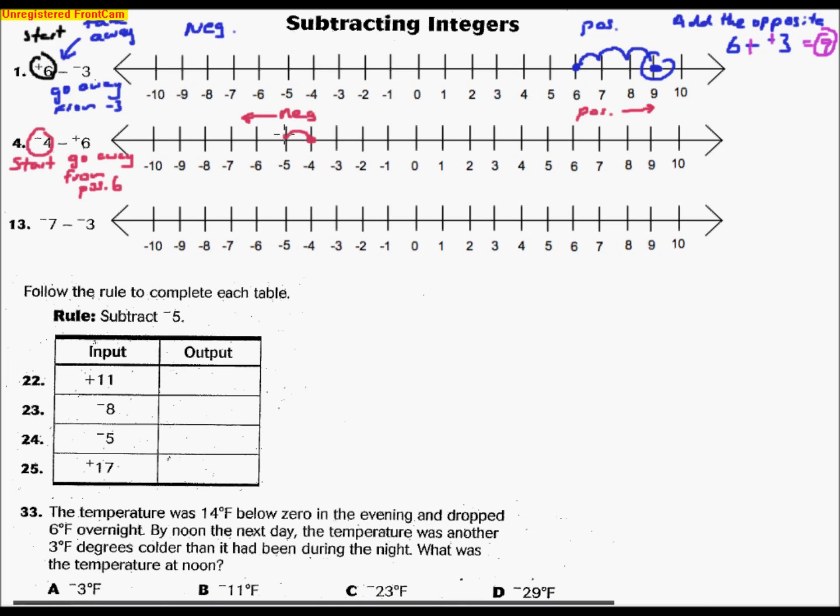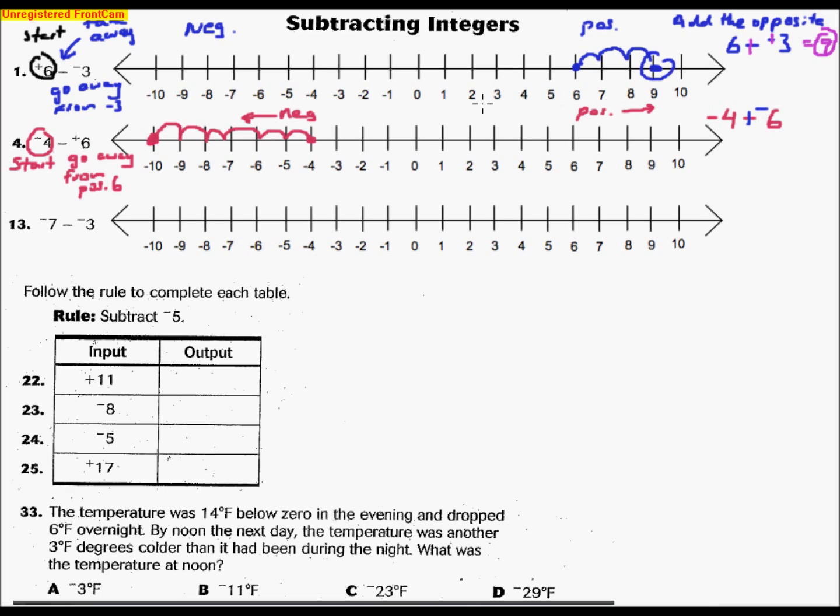1, 2, 3, 4, 5, 6. So there's our answer, -10. Let's take a look at this add the opposite again. If I write it down, -4, take away +6. If I wanted to add the opposite, I would change subtraction to addition, but notice that I added negatives.